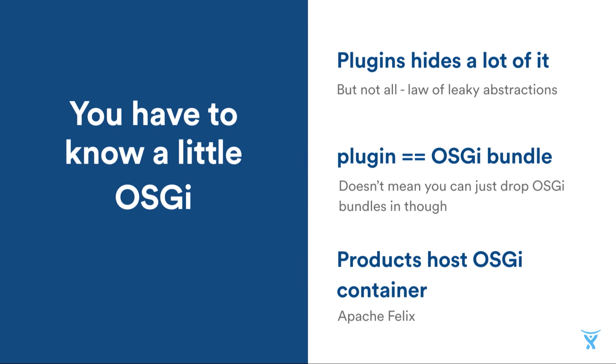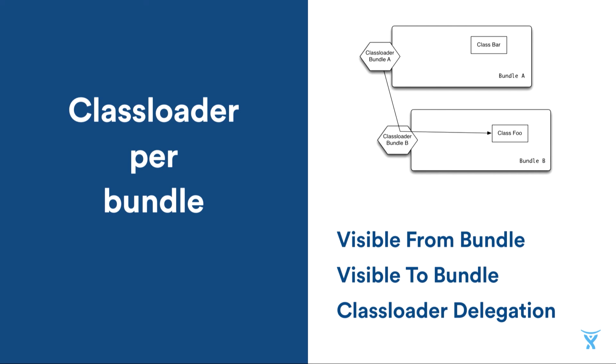So our Java applications are Tomcat web applications with a web application class loader. And so into that, we've put the Apache Felix OSGI container. And that's what we throw all the plugins into. And of course, the real reason we use OSGI is to give us class loader isolation.